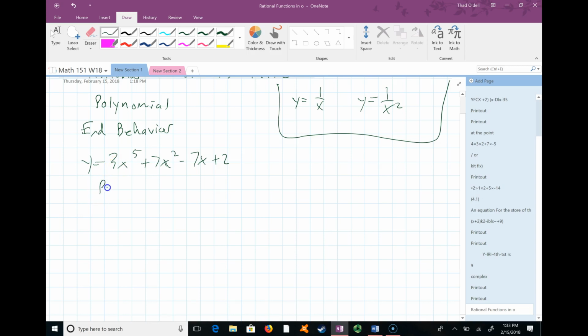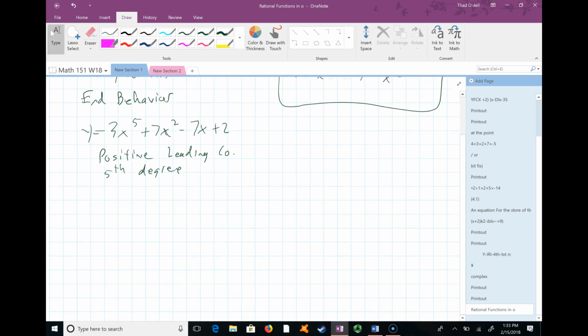So this is a positive leading coefficient, and it's a 5th degree. Just from that knowledge, I know that this is going to be negative infinity on the left, positive infinity on the right. The formal way we write that is the limit of y as x approaches infinity, that would be on the right, is positive infinity.